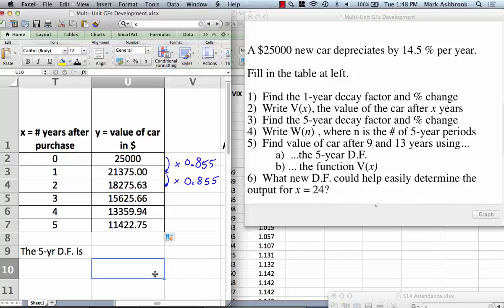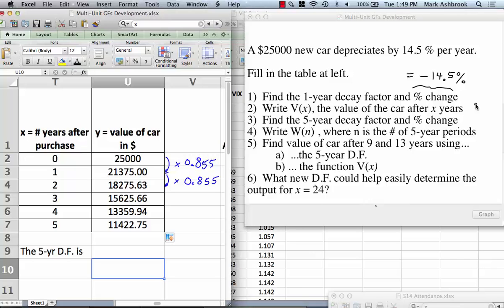Okay, so this should be easy. V of x, what is the percent change? That's what they gave us, right? But we want minus because it's percent change. It's exactly what they told us, that it goes down 14.5% every year. Okay?